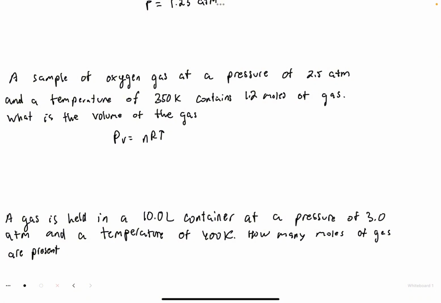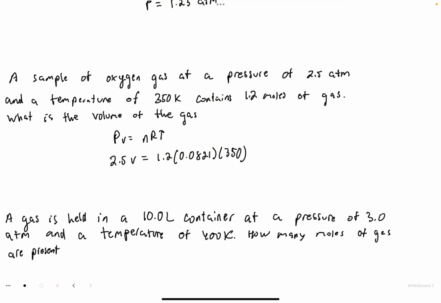We were trying to find the volume, so let's plug in these values. 2.5 ATM times V is equal to the number of moles, 1.2, the R value, which is still going to be 0.0821, and we also have 350 Kelvin.